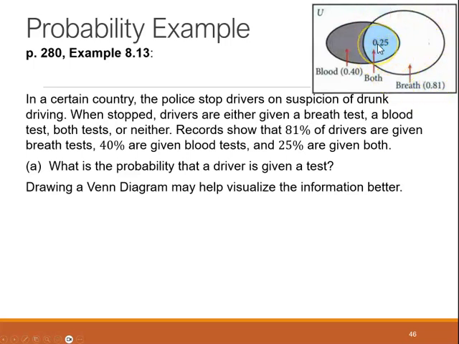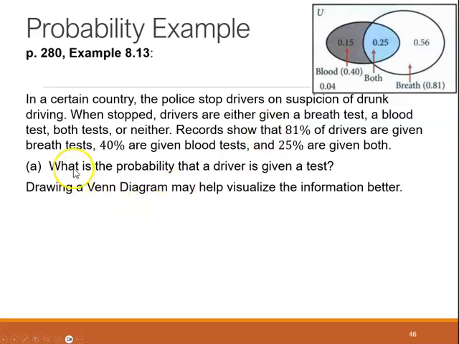Both is 25%, so I'll place that there. That means that if this is 40%, I've already placed 25%, so I have 15% that can go there. Similarly, we can say that 56% can go here. And neither is the remaining. If I add those up and subtract from 1, that's my neither.